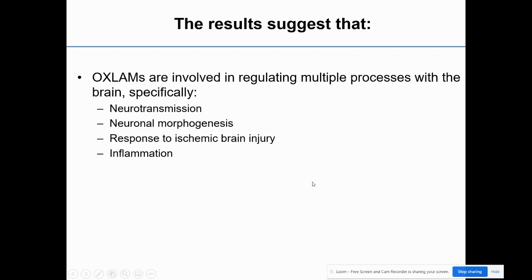So all in all, the results indicate that OXLAMs are involved in regulating an abundance of processes in the brain: neurotransmission, neuronal morphogenesis, the response to ischemic brain injury, and also neuroinflammation. And this is what our work highlights.